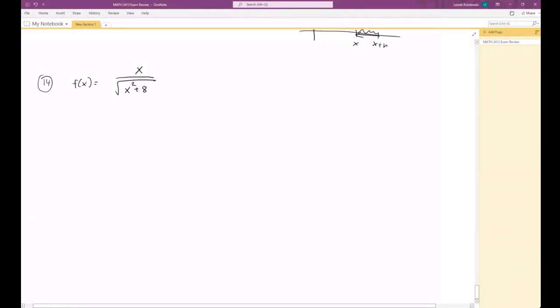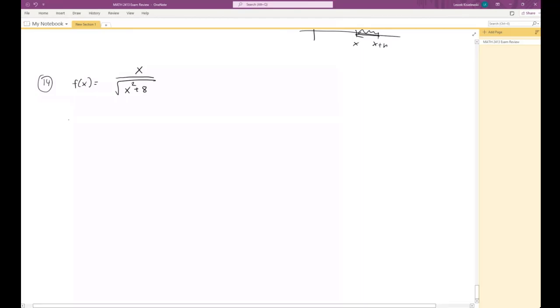All right, so do you want to find the derivative of this function at 1?